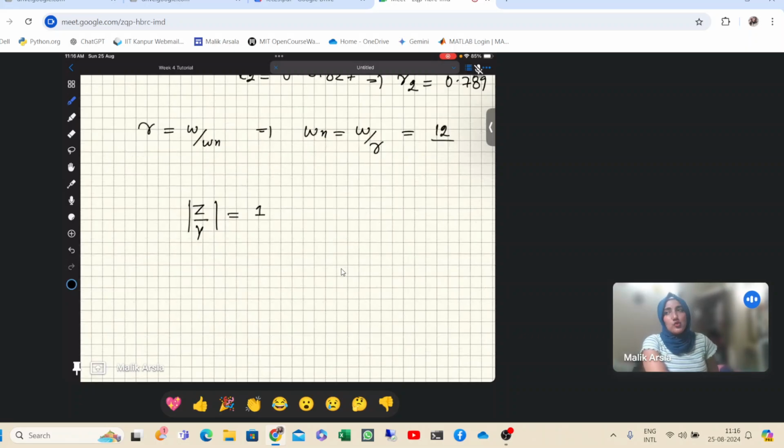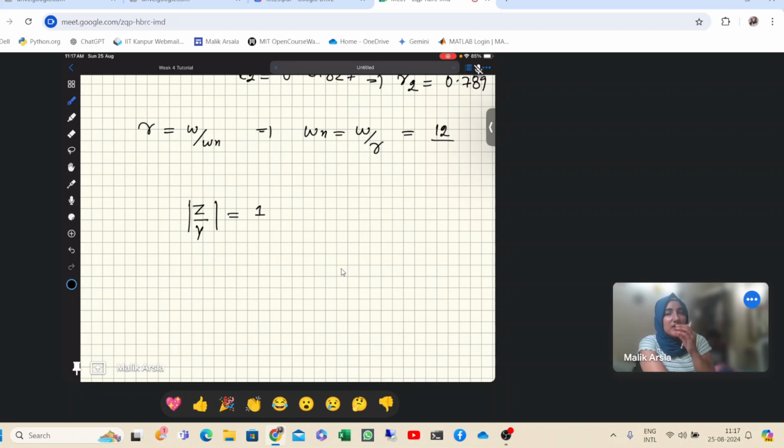Why do we want so? Actually, we are not interested in the relative amplitude. We use any vibration measurement device so that we can know about the response of our machine or instrument, which in this case is a vibration part. So here we basically want to know the response or amplitude of the vibrating machine, that is Y.